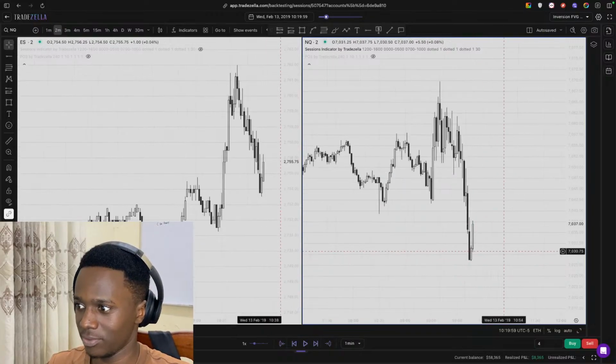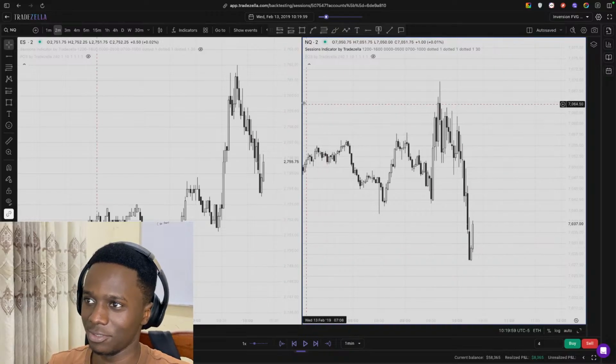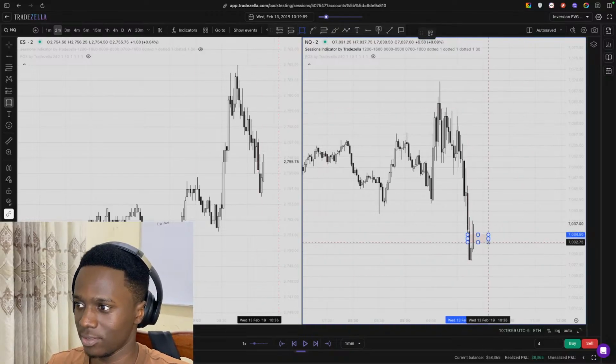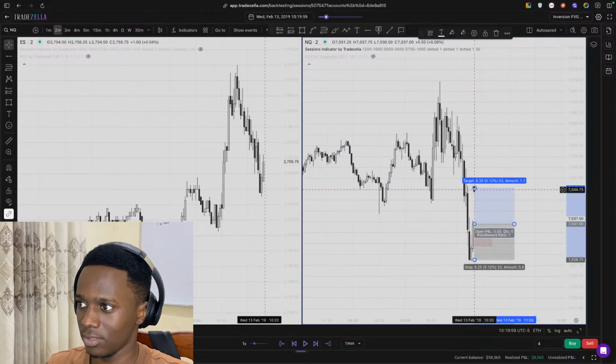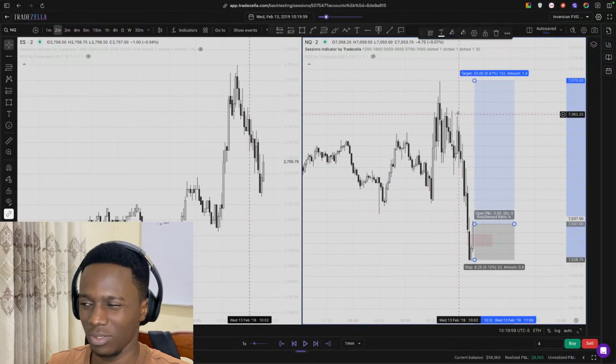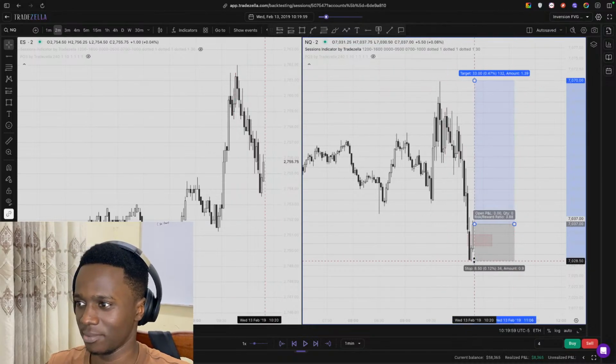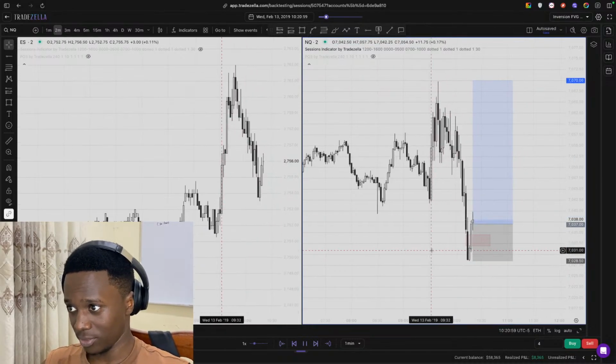You can see it now on this reversal. Longs could be really great. It's a 2 minute and a 1 minute reversal. So let's take it as well. I'm not sure about the target, but let's just take it.